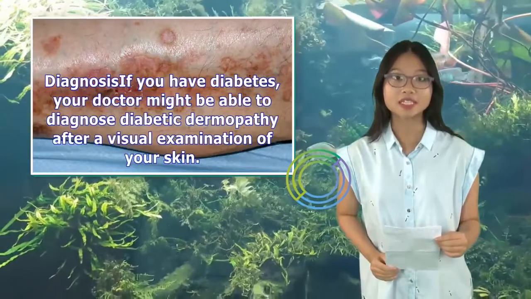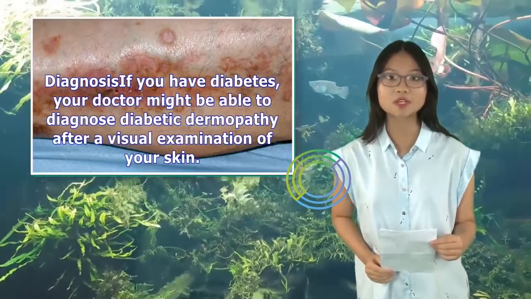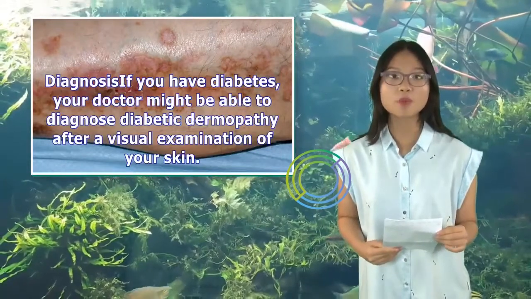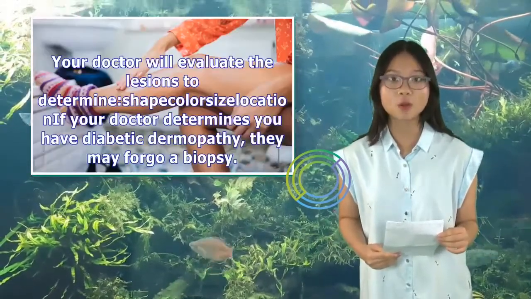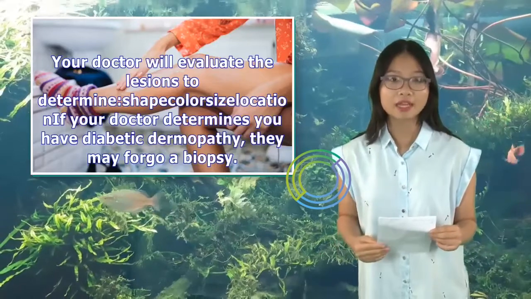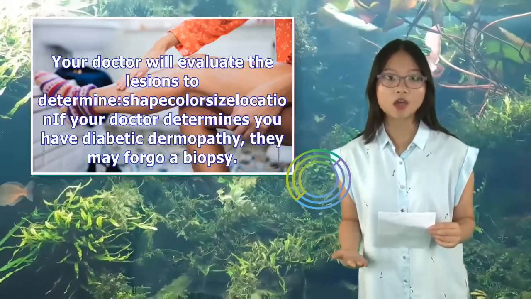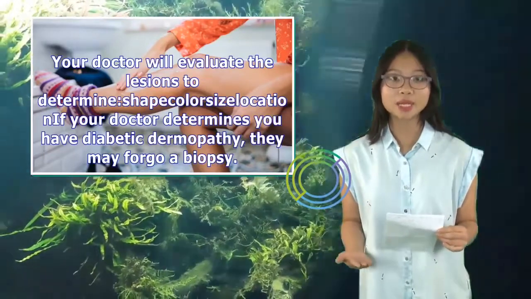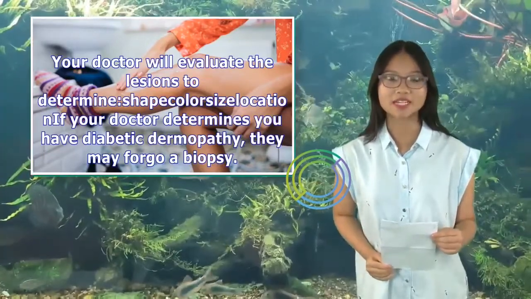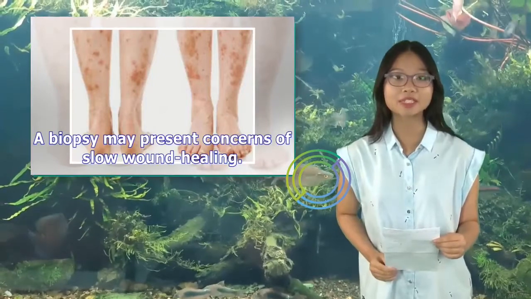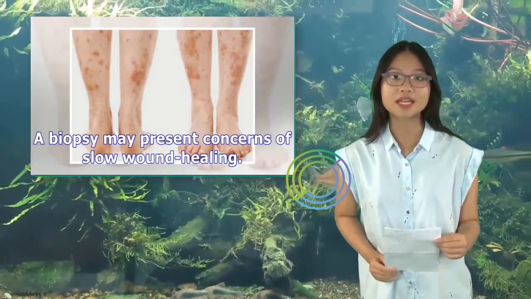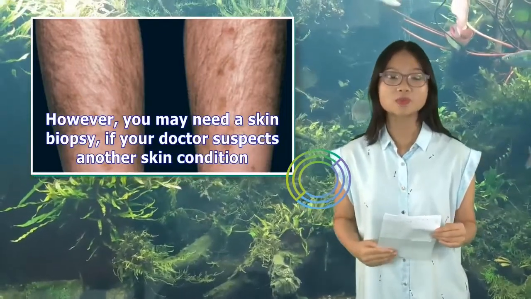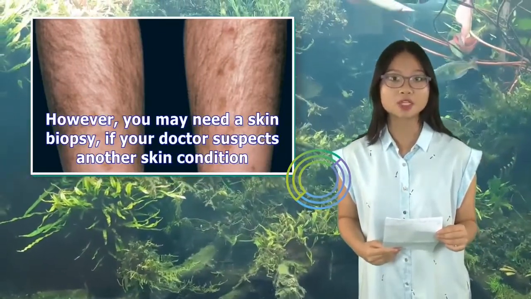Diagnosis. If you have diabetes, your doctor might be able to diagnose diabetic dermopathy after a visual examination of your skin. Your doctor will evaluate the lesions to determine shape, color, size, and location. If your doctor determines you have diabetic dermopathy, they may forego a biopsy. A biopsy may present concerns of slow wound healing. However, you may need a skin biopsy if your doctor suspects another skin condition.